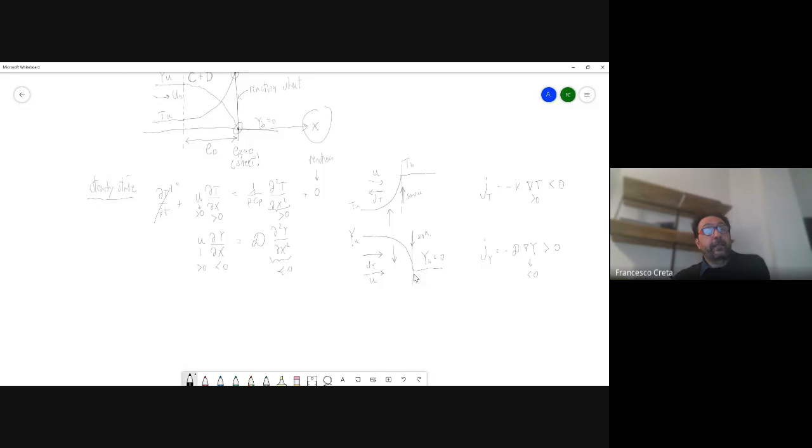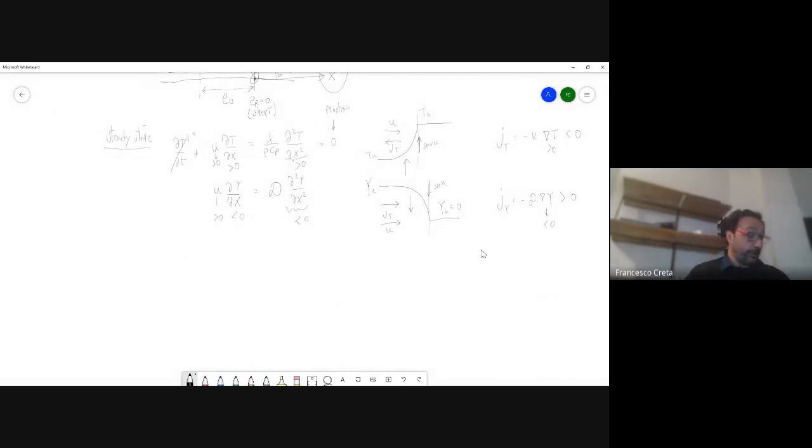It's essentially keeping this gradient, okay? Both of the fluxes now are in these directions. So the function of this sink here, the reaction, is to deplete all of the species that is coming from the left, essentially. Okay.